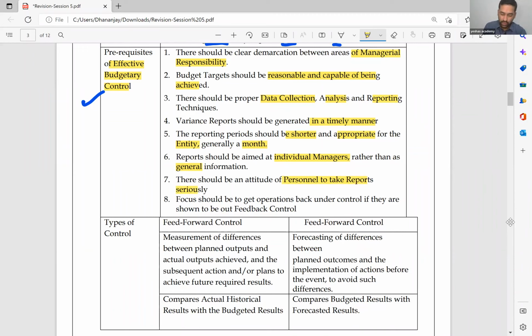Focus should be to get operations back under control if they are shown to be out of control.